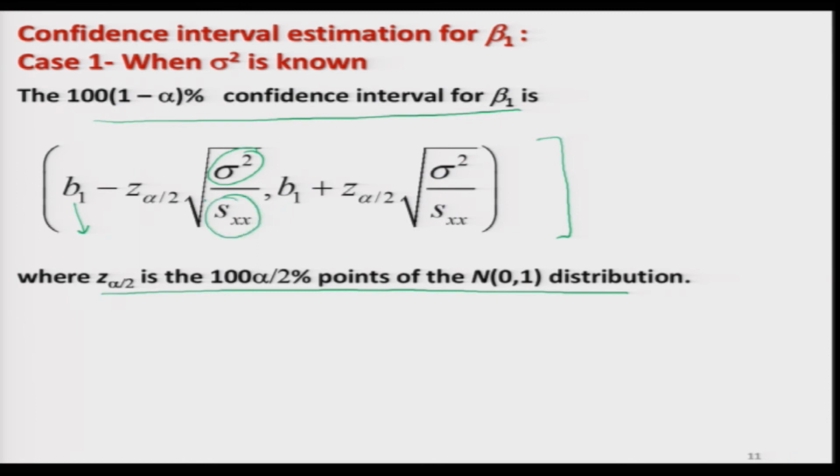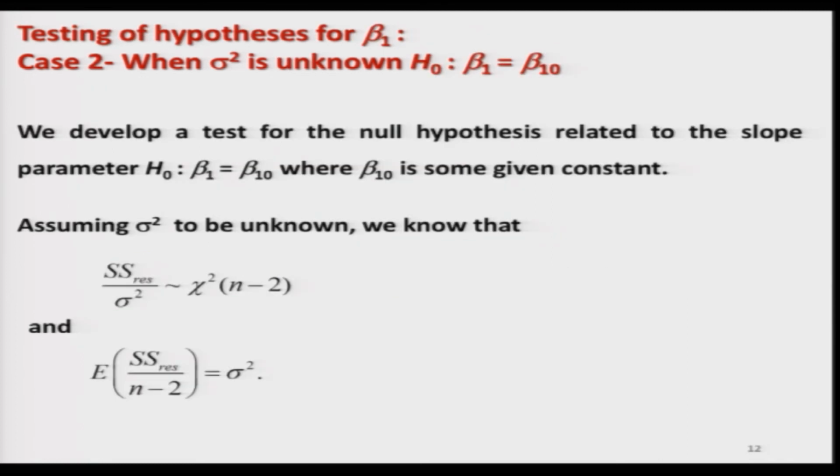This you can compute on the basis of given sample of data. This you can obtain from the table. So, you can compute this entire limit. Similarly, you can compute the upper limit also, and thus you can compute the entire confidence interval. So, you can see here it is not difficult even if you want to compute it manually, but definitely we are going to use it on the software.